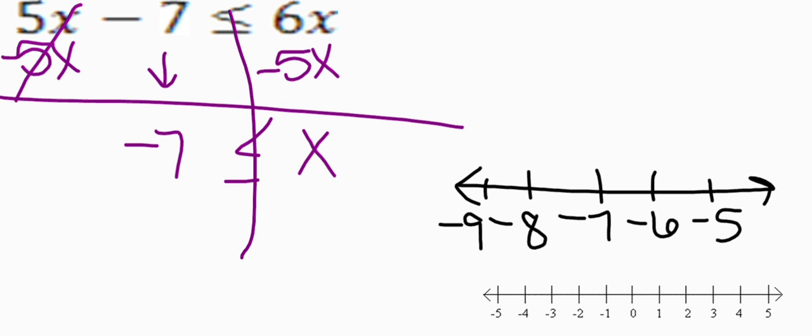So -7, and it's "or equal to," so that tells me it's going to be a solid dot. And it says -7 is less than or equal to x, so that means x is greater than, so you're going to shade to the right because you have to get all those numbers that are greater than -7.